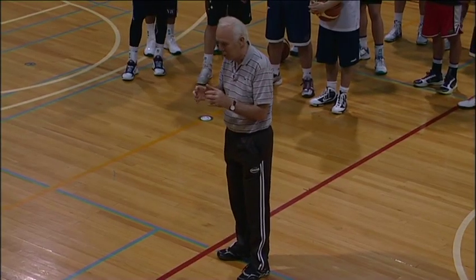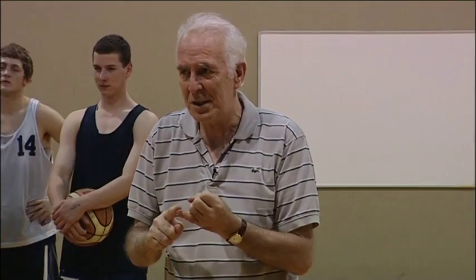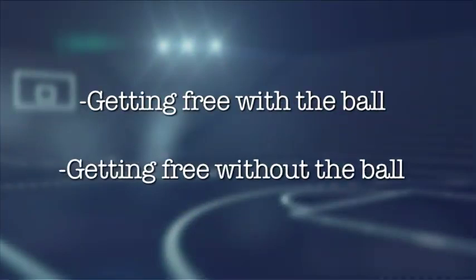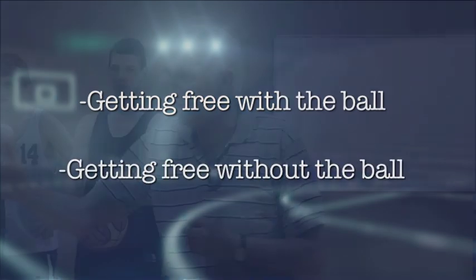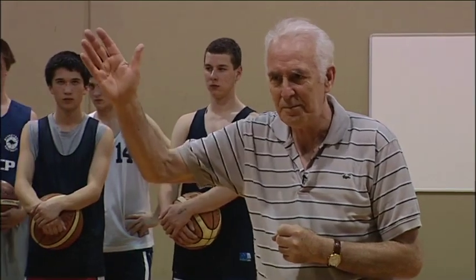But the point that I wanted to make in regard to the structure, or to any offence, you should have a balance of being able to get free with the ball, reasonably balanced with getting free without the ball. So if it's the United States, give the ball to Durant, he gets free with the ball, goes to score.